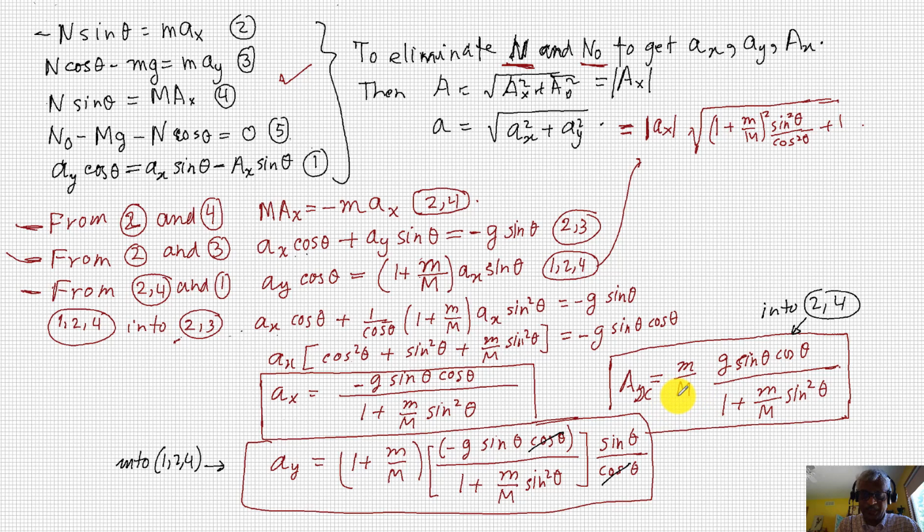If you say ax, if this was not accelerating, then I put it over here, then I get another very complicated expression. So usually it's a good idea to check if I made any mistakes.